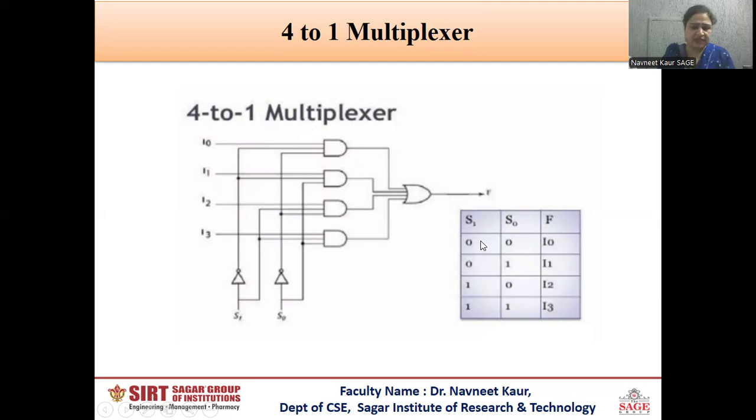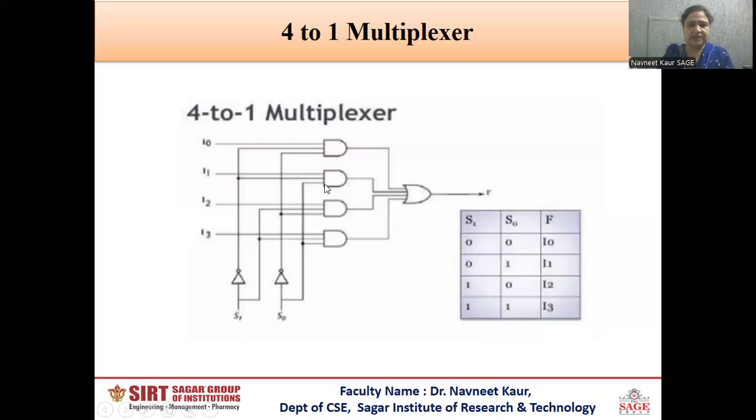Now, if the 2 selection lines S1 and S0 are 0, 0, then I0 will be connected. So the first AND gate will have input I0. Since S1 and S0 are both 0, S1 and S0 will be given to the inverters and the output of the inverters will be given to the first AND gate input. Now, for the second combination of S1, S0, which is 0, 1, the second input I1 will be selected.